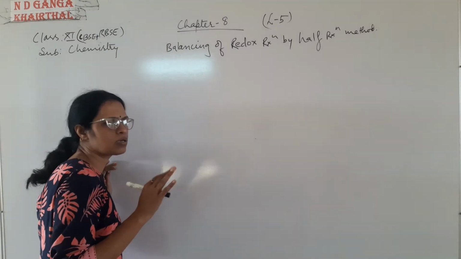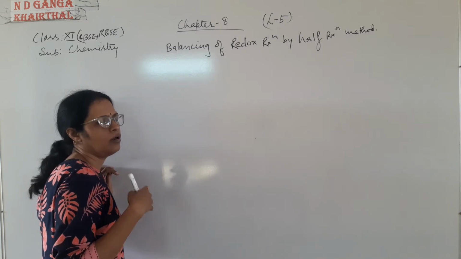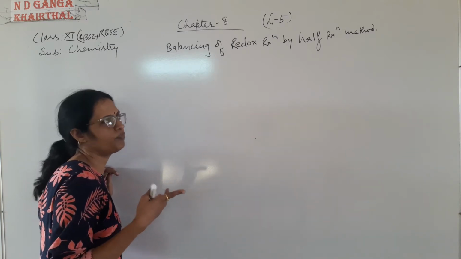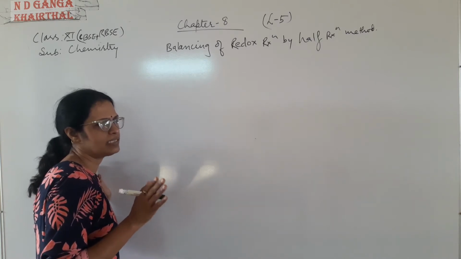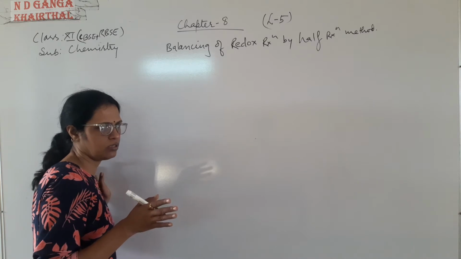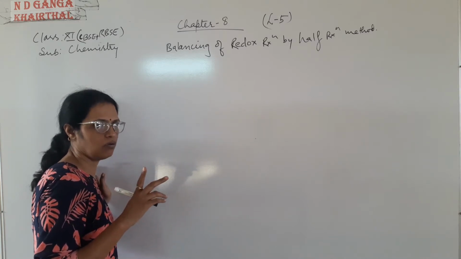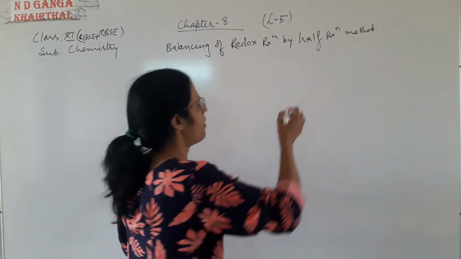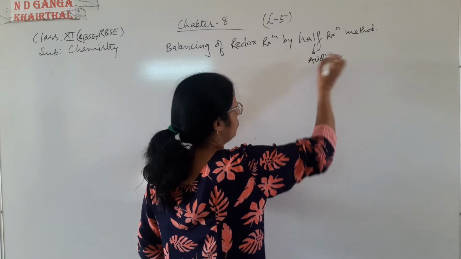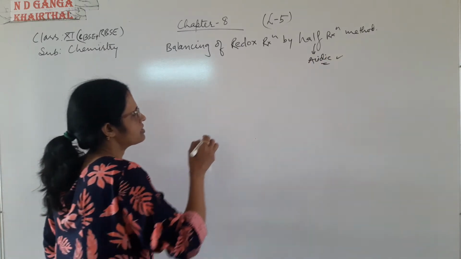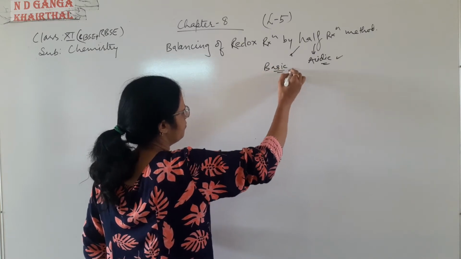Then we balanced oxygen by adding water molecules, then hydrogen by adding H plus ions. After that we balanced the charge. So the half reaction method in acidic medium we have discussed. Today we will discuss the half reaction method in basic medium.